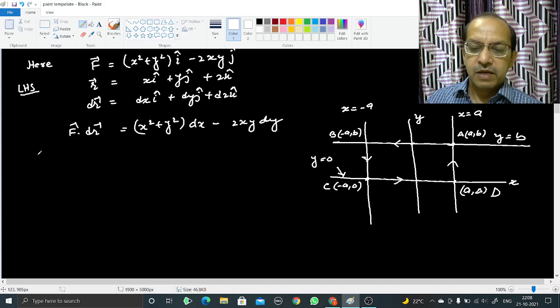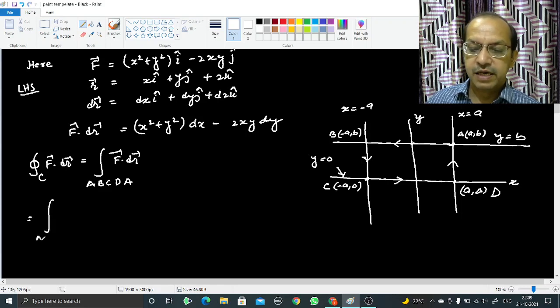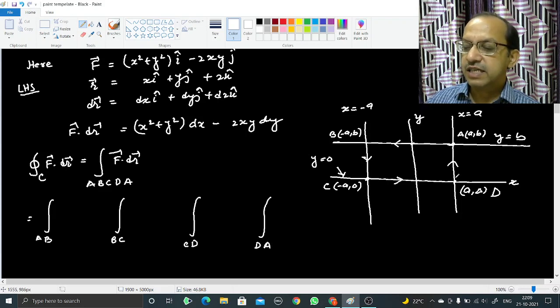So the integration along the closed curve C, which is the boundary of that surface, of F dot dr, can be broken into 4 parts: AB, BC, CD and DA.